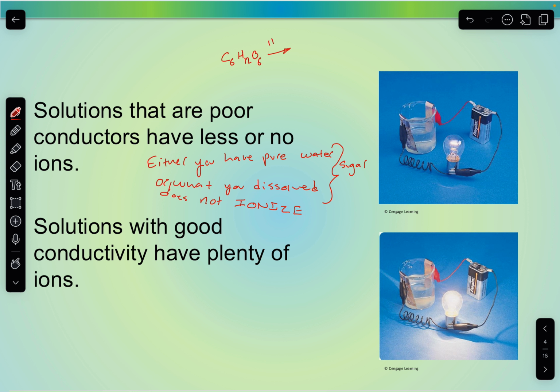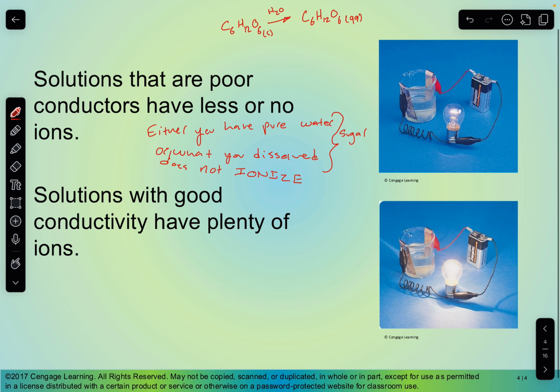So when we put water here, if this is a solid, we're going to get C6H12O6 out. And this is just going to be an aqueous solution instead. With good conductivity, you have complete dissolution.